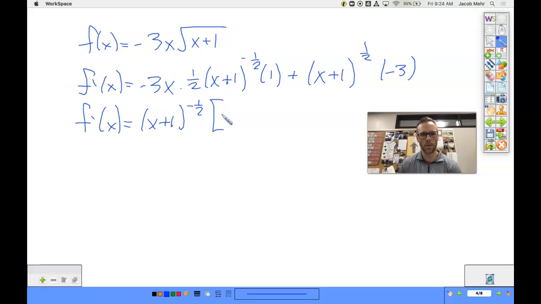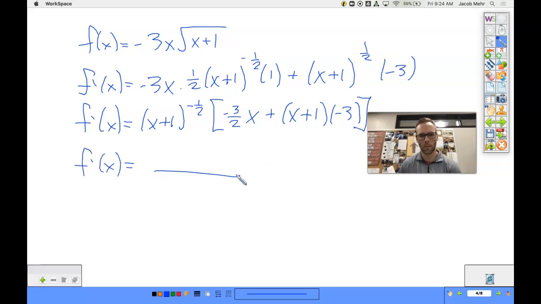That's going to leave me with negative 3 over 2x plus, now when we take the negative 1/2 out of the 1/2, that's going to make it a 2 in the first, so x plus 1 times negative 3. Let's move that to the denominator. I have negative 3/2 x minus 3x minus 3.